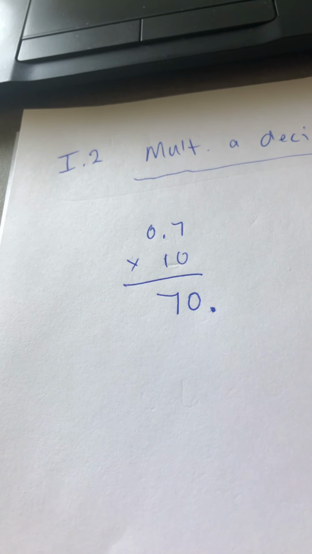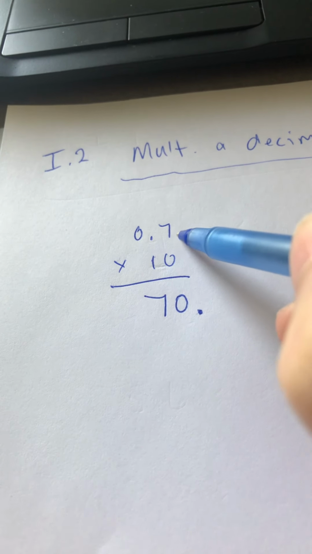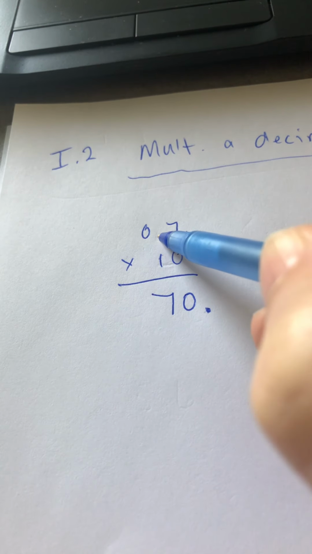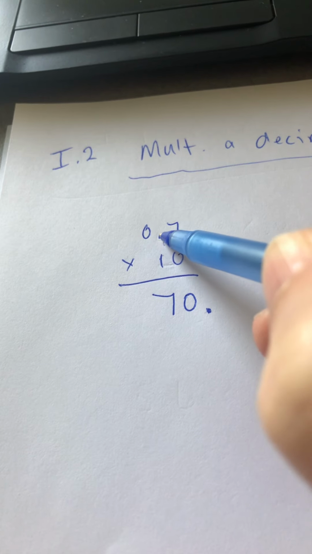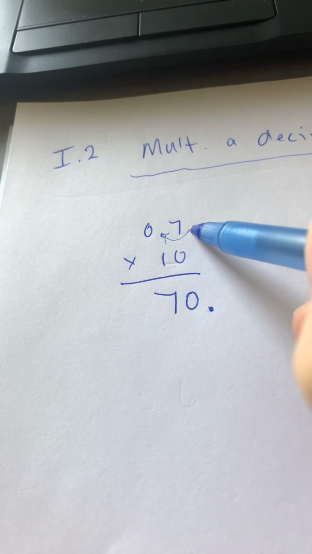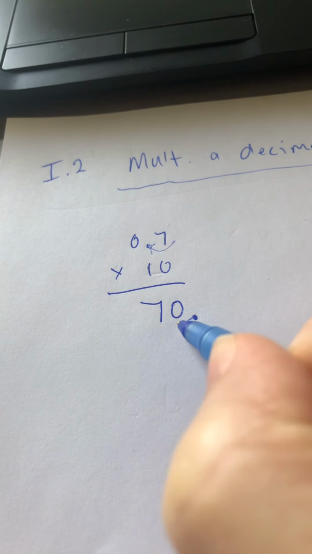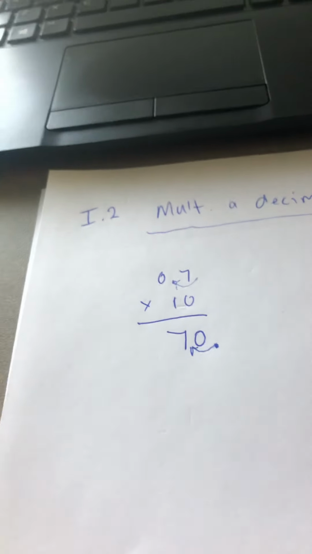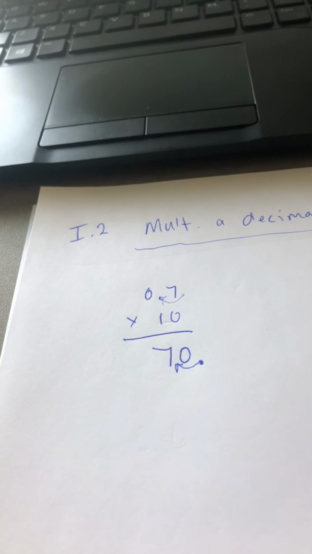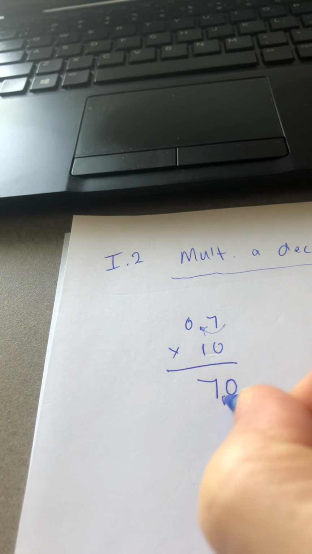So here's the kind of strategy. You look at how many places the decimal moves over, okay? So in this case, the place value is just 1 place. So we're going to move the decimal over 1 place. So 10 times 0.7 is actually 7.